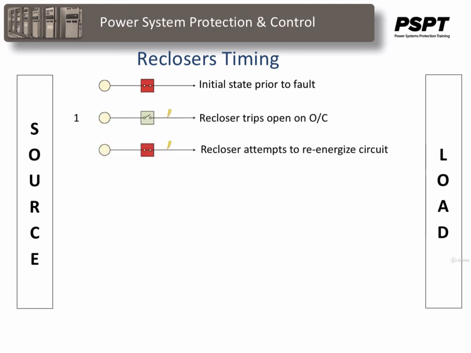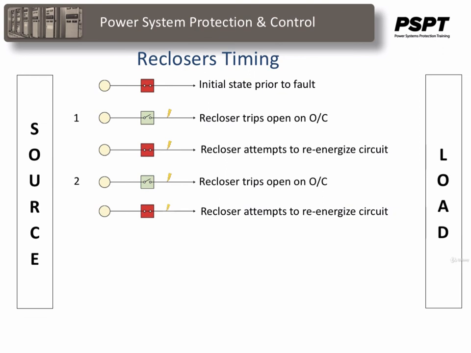Upon a fault happening, or a tree branch touching the feeder circuit, the recloser will trip under overcurrent conditions, and it will attempt to re-energize the circuit right after, and it'll attempt to reclose once.